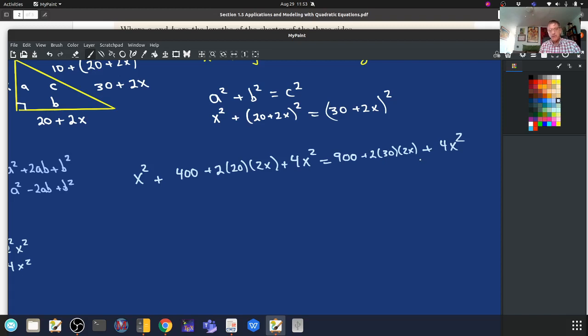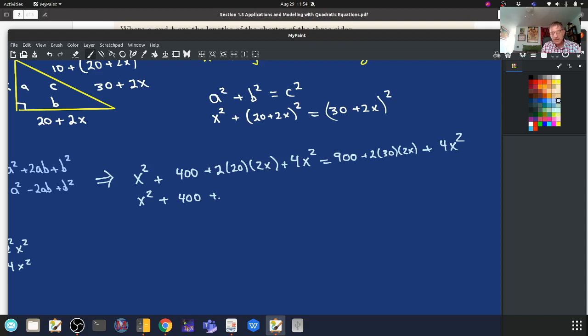So what I'm going to do immediately, before I collect like terms, I'm going to go ahead and simplify each thing. So this is x squared plus 400. So setting it up is easy. It's just simplifying this. And it's not really hard. You just take it step by step. 2 times 20 is 40. 40 times 2 is 80.